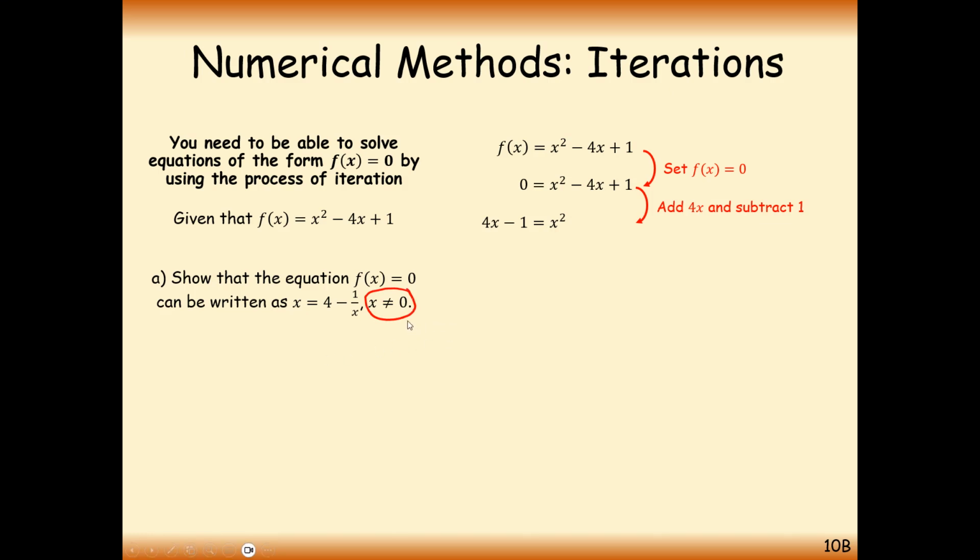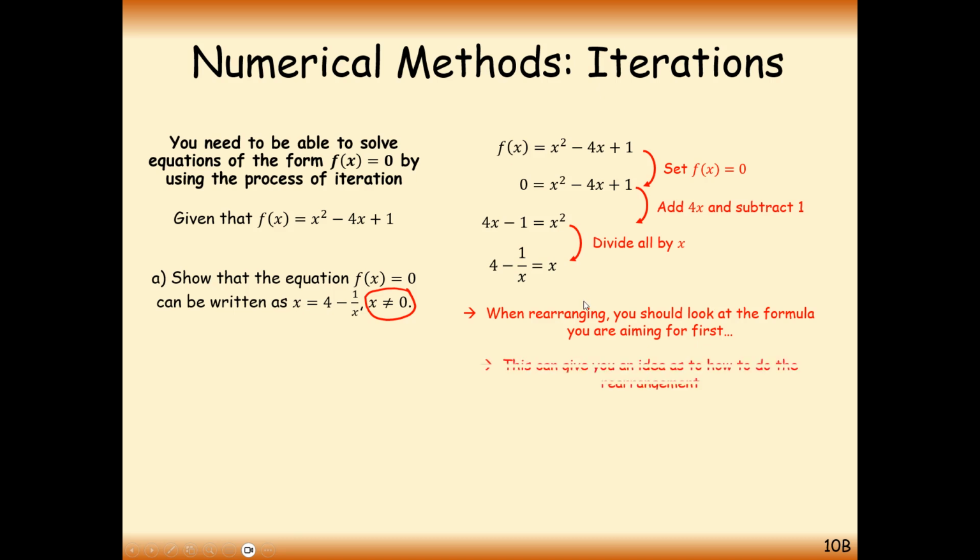So knowing this assumption that we are not dividing by 0, we are allowed to do this. Once you divide by x, you see that now we can use this sort of recursive formula to find roots of the equation, where f of x would have been equal to 0. Let's see how it works.